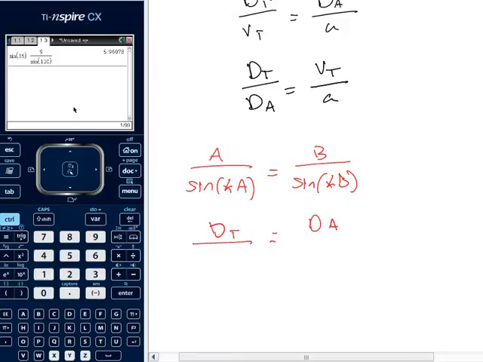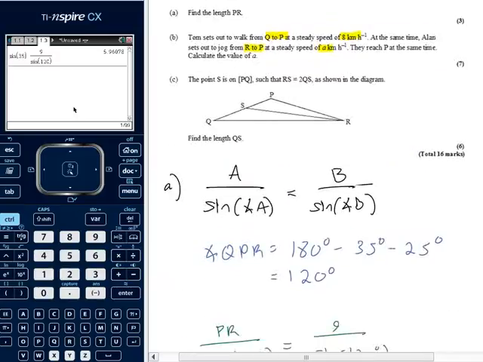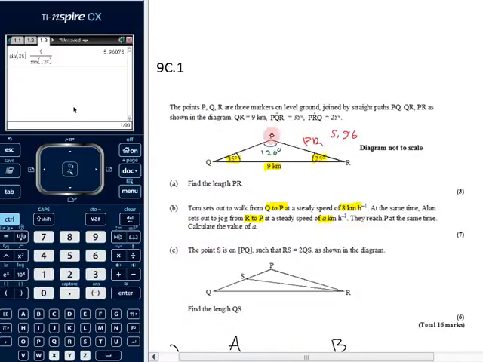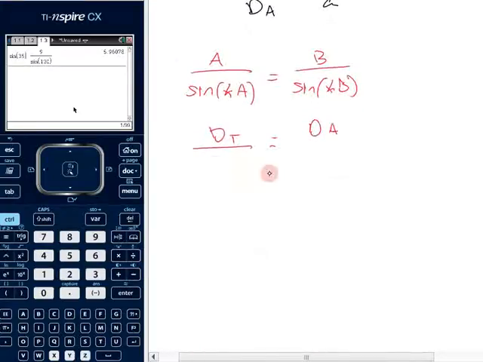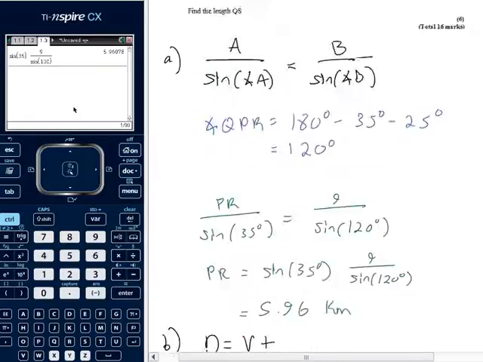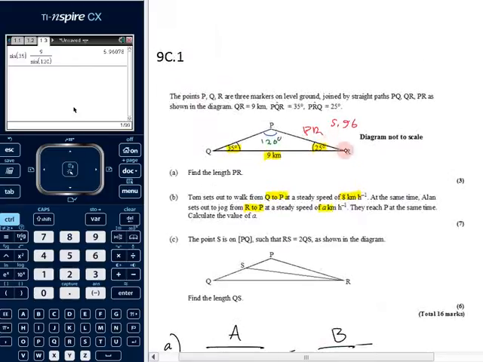The angle opposite of dT, the distance traveled by Tom, that's this distance, would be 25 degrees. So that's dT divided by the sine of 25 degrees. Then we have dA divided by the sine of the angle opposite the path that Alan travels, so that's dA, and the angle opposite is 35 degrees.